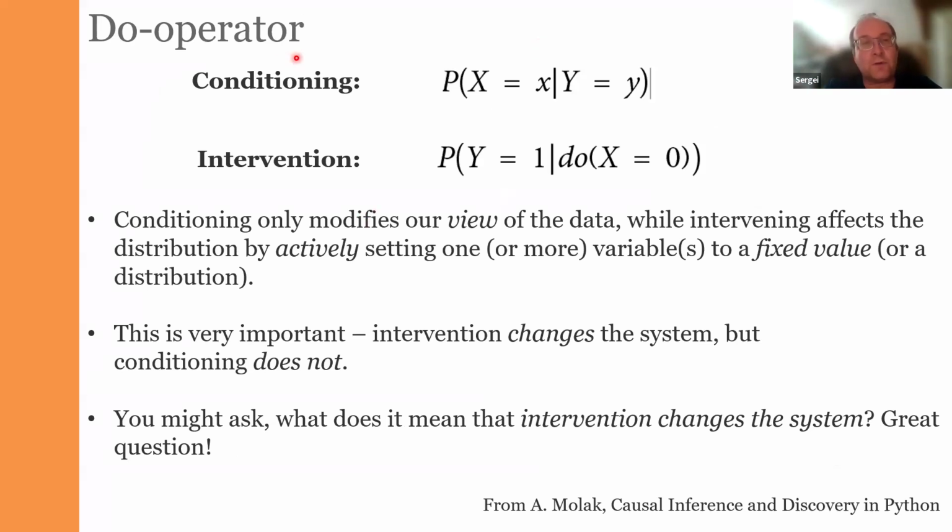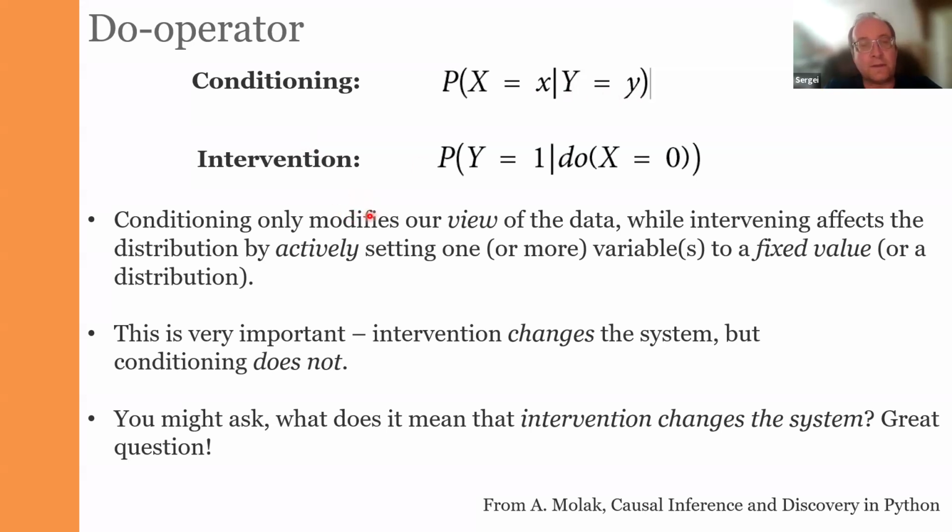A very important concept that appears in the context of causal machine learning is the word intervention. So what is intervention? There are two things which at first glance are very similar, but fundamentally very different: conditioning and intervention. Conditioning is: what is the probability of x being x if y is equal to y.